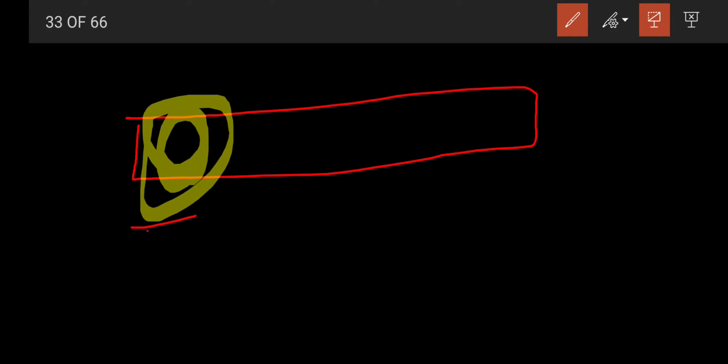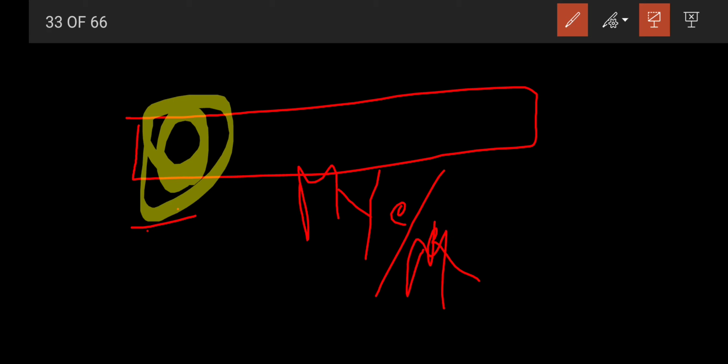You will do yellow divided by red. But if I ask what is the contribution of mass of yellow, then you will write mass of yellow divided by mass of red. This is the only thing I have done. But when it is in percentage, then it is multiplied by 100, right?